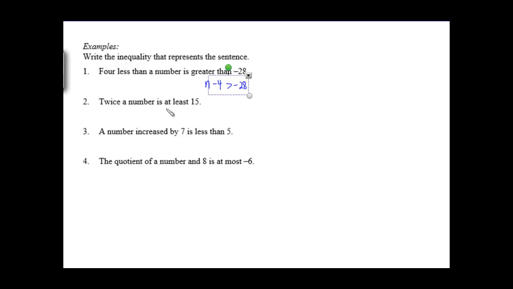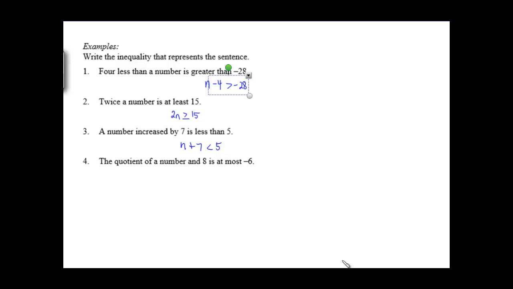How about twice a number is at least 15? So 2 times n, and at least means it's that number or more, so that number or more is 15. Number 3, a number increased by 7, so a number plus 7 is less than 5.